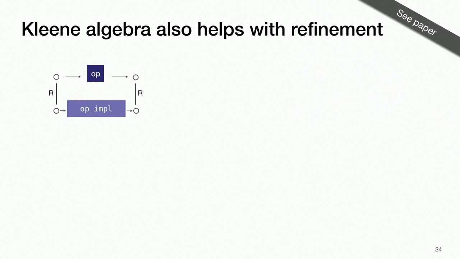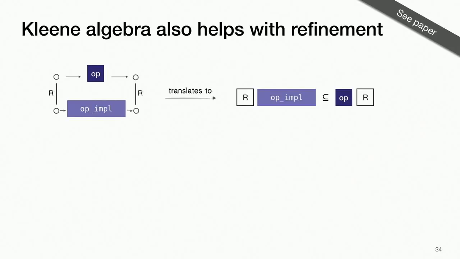I've talked about this in terms of informally restoring invariance, but the paper and especially the code formalize this more precisely as recovery refinement. Let me give a small flavor of how Kleene algebra is useful not only for equational reasoning, just rewriting expressions to equivalent ones, but it also lets us do refinement reasoning. This little refinement diagram, the standard one that we've been using in this talk, you can encode as an expression in Kleene algebra, as a subset relationship between two possible transitions.